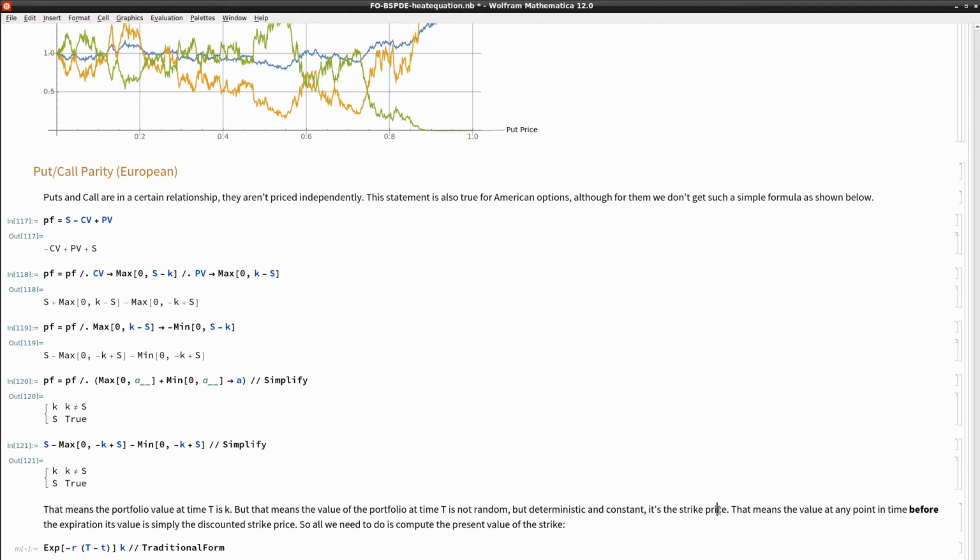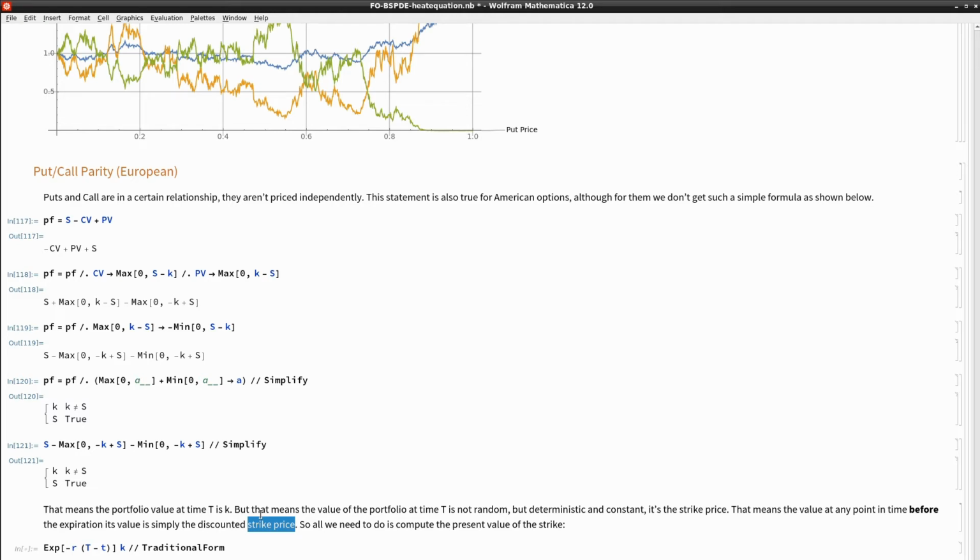It's K. But that means the value at any point in time before the expiration is simply the discounted strike price, right? What else is it supposed to be? If something has a certain value 3 months in time, then the value is predetermined. We know it's going to be K. It cannot be anything different.